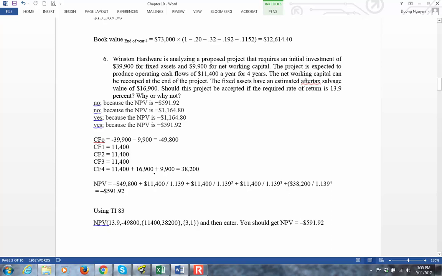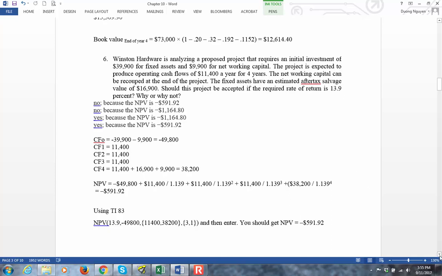And the working capital in year 0 should be recovered in year 4, so you have to add back 9,900 to the cash flow in year 4. So the cash flow in year 4 is 38,200.